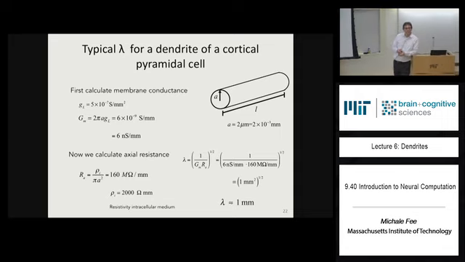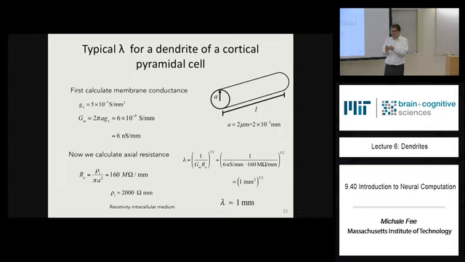Okay? So that's a number that I would hope that you would remember. That's a typical space constant. So if you inject a signal into a piece of dendrite, it's mostly gone, or about 2/3 gone in 1 millimeter.